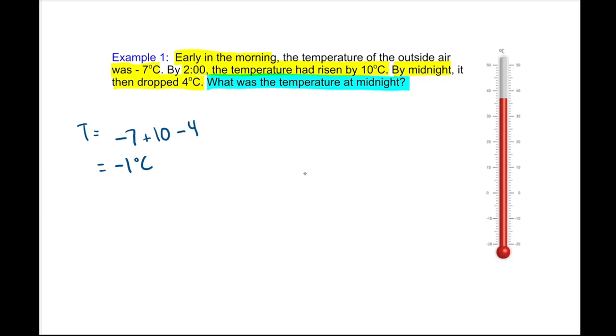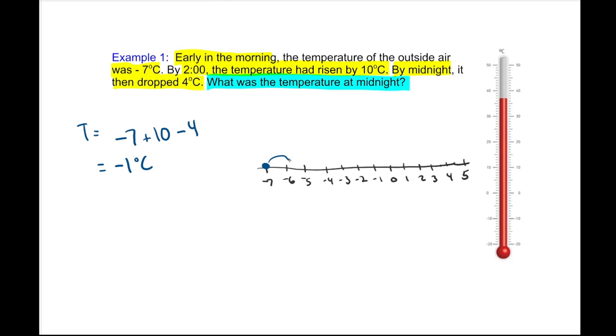If you're having trouble with that or visualizing it, maybe you prefer to use a number line. You know you're starting at negative 7.